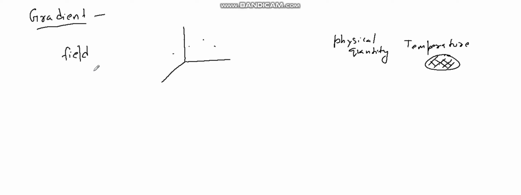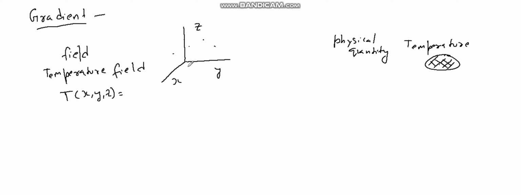So first of all, we can have a temperature field. What is a temperature field? Let's say we have a temperature field denoted by T, which is a function of x, y and z. It may be any function of x, y and z. It represents the value of temperature in the space at the coordinate x, y and z.